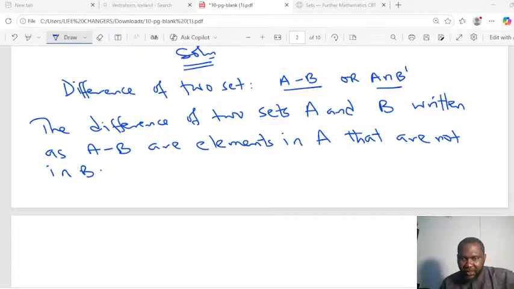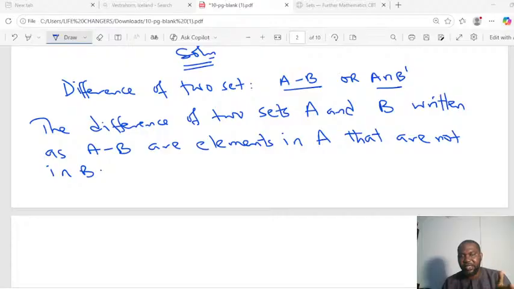Okay, Gina, I can see that. That's good. So the difference of two sets, we write it as A minus B, but I'm just giving you a secret. It is also A intersection B complement.